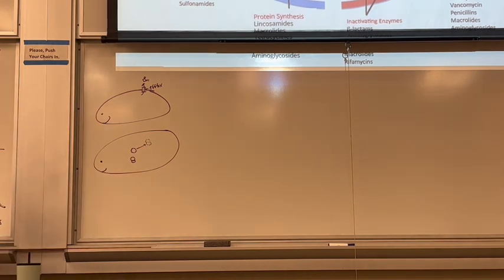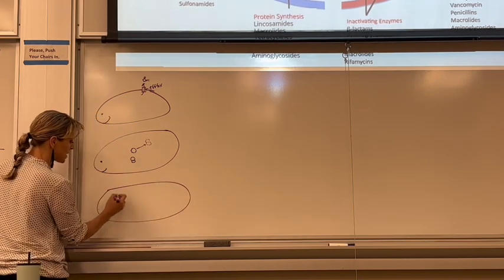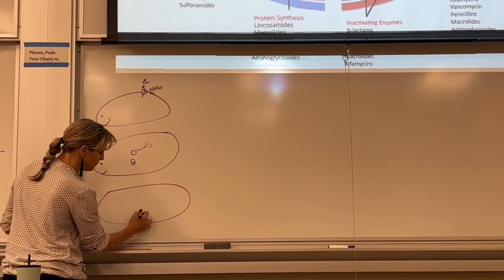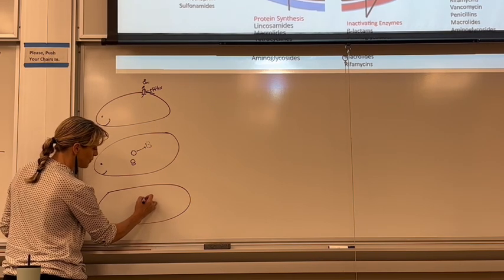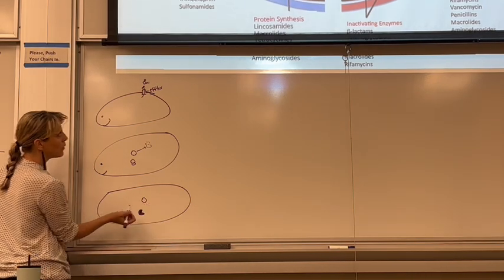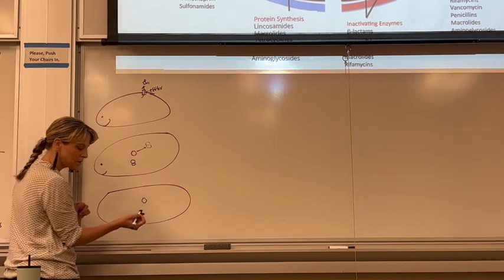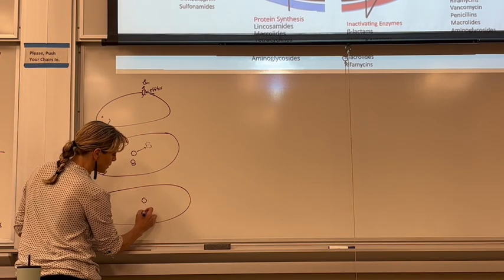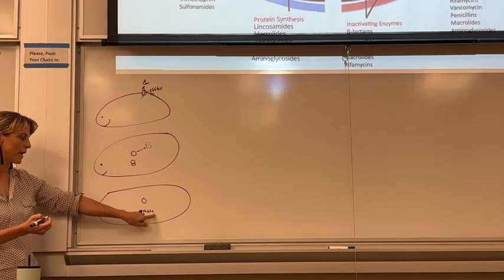Okay. And then target modification. What's one of the antibiotics that target folate synthesis? Sulfonamides. So here's the sulfonamide structure, which I have no idea what it is. Here's an enzyme that's creating folate, or folic acid.